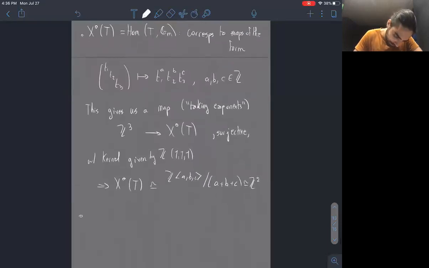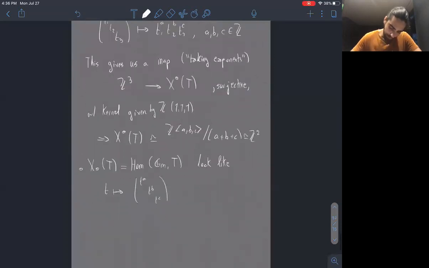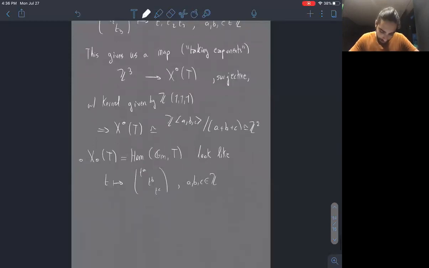Now for the co-weights. So these are homomorphisms Gm to T. So these look like g goes to g to the A, g to the B, g to the C, with A, B, and C integers. But now the condition applies in the image and tells us that A plus B plus C has to be 0 because g to the A plus B plus C equals 1.